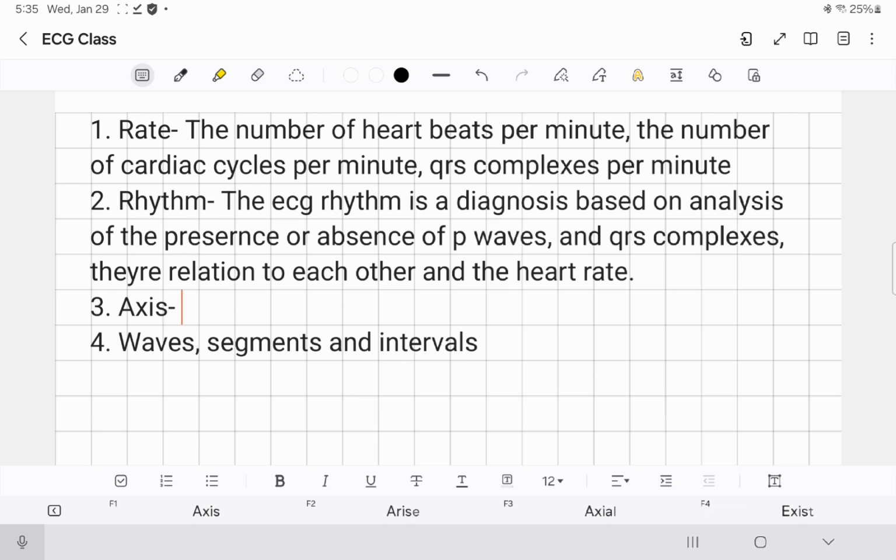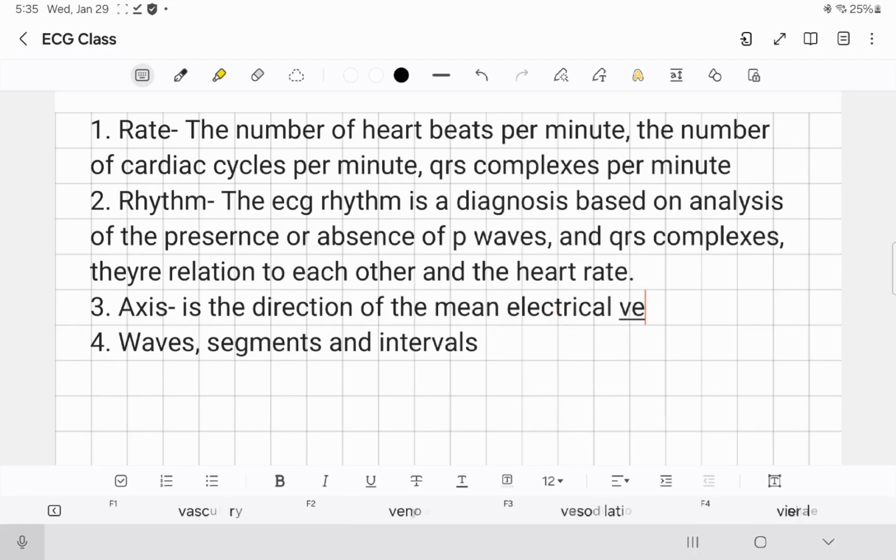So what is the axis? So the axis is the direction of the mean electrical vector of a chamber.